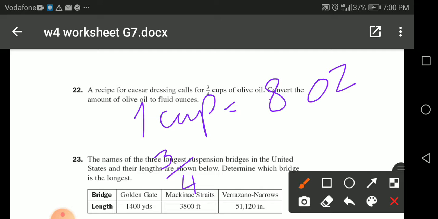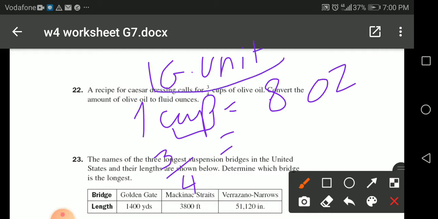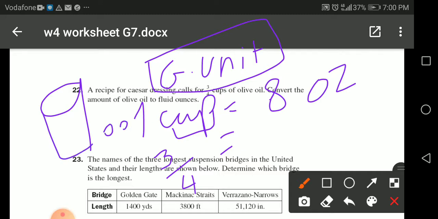So I have here how many cups? 3/4 cup. Okay, the cup is the greater unit. Please know that it is not the number, it is the greater unit. The cup is greater than the ounces. So 1 cup, the greater unit, we multiply to convert from cups to ounces.